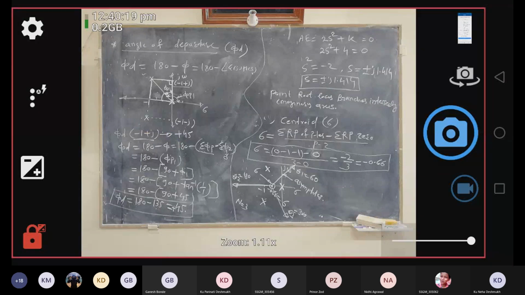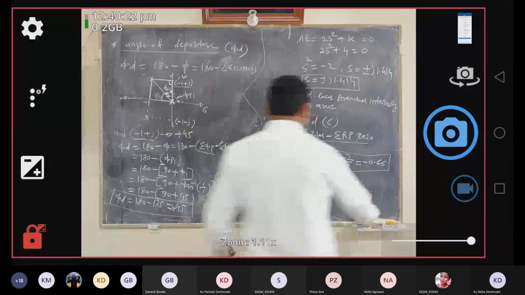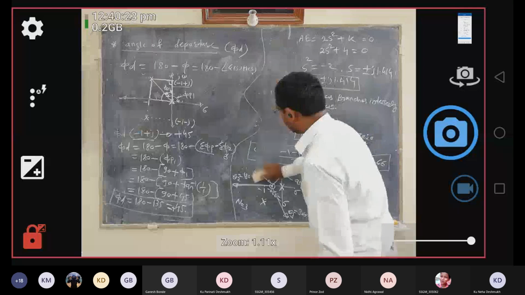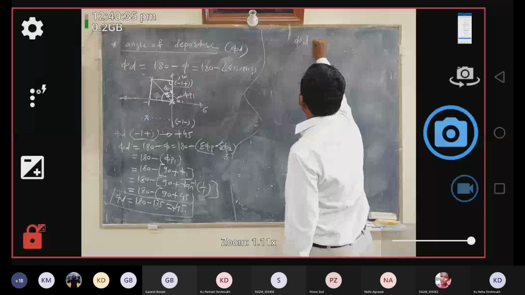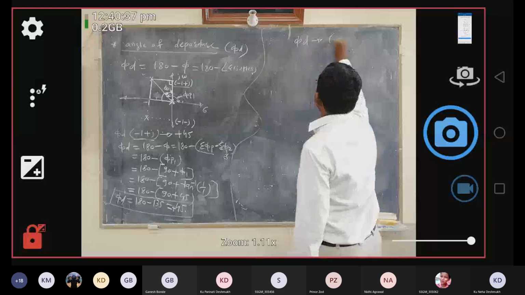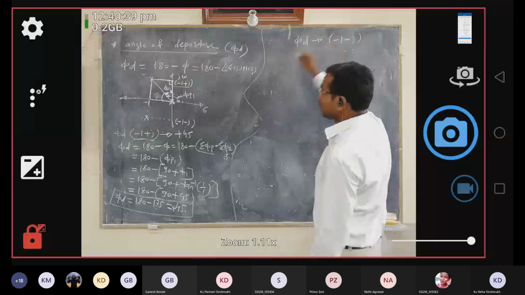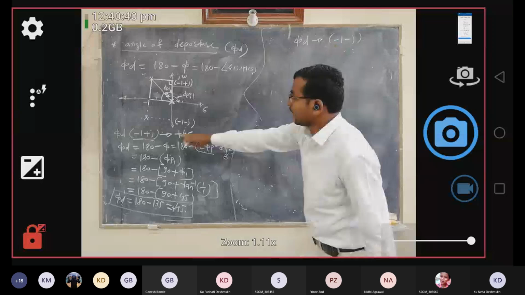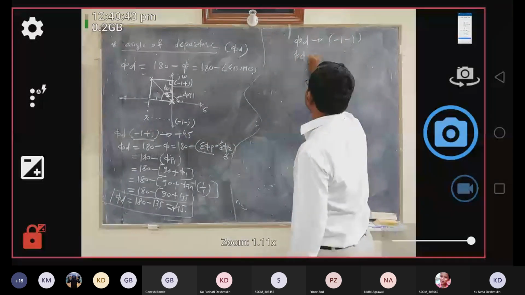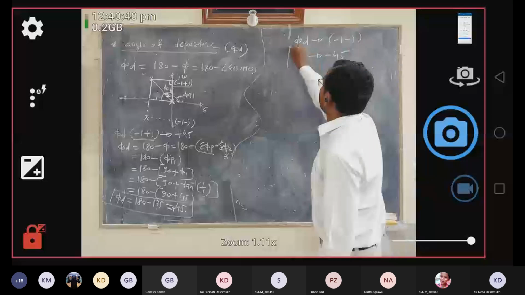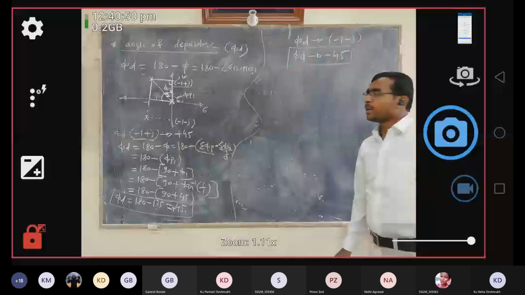Similarly we can write down the angle contributed. The phi d value for -1 plus j is plus 45, so phi d for -1 minus j is minus 45, because they are complementary to each other.